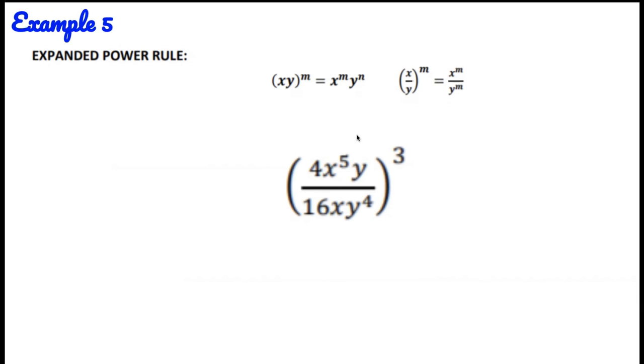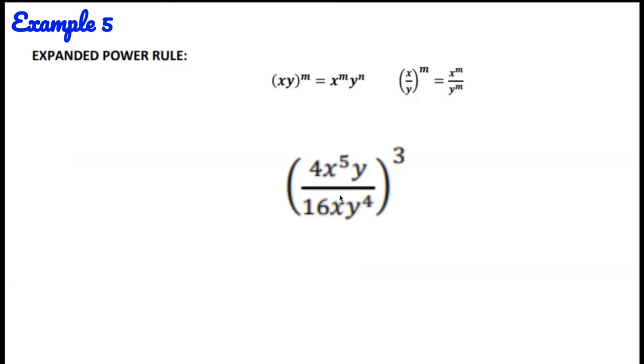So with that said, whenever we have an example like this, notice here that it's already simplified inside. We can go ahead and either simplify inside and then distribute, or we can distribute, then simplify.